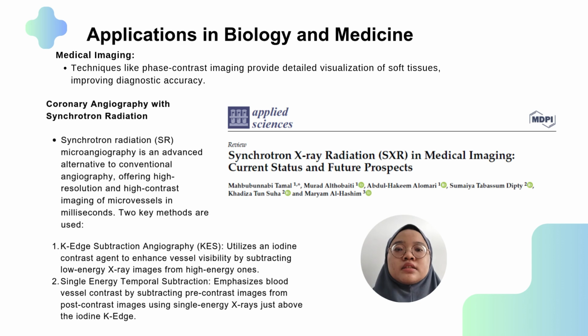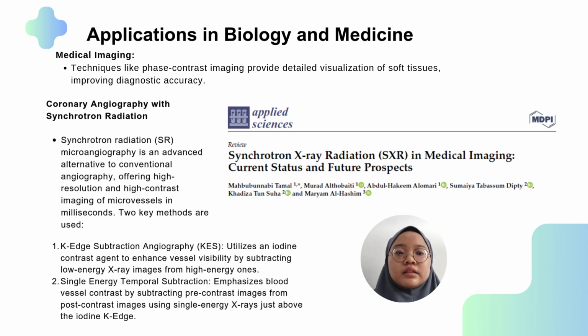For applications of synchrotron, it is very useful in medical imaging. In this article, it explains how synchrotron X-ray radiation is used in microangiography. Microangiography is basically just like a conventional X-ray that we use on our bones, but it is an X-ray image of our vessel systems.